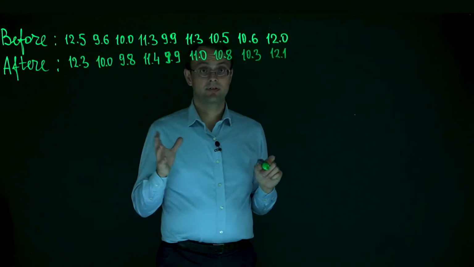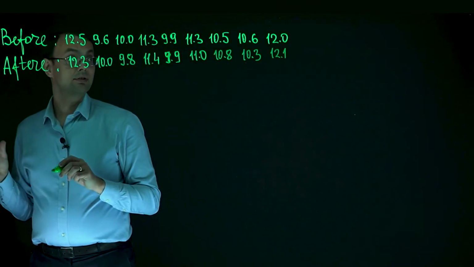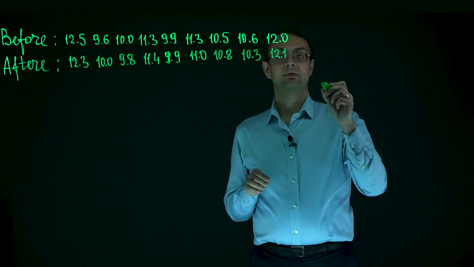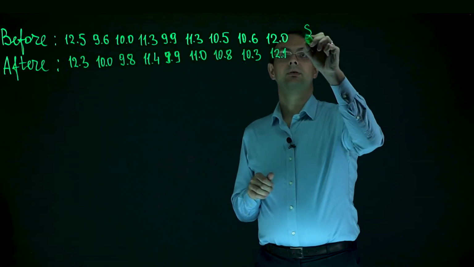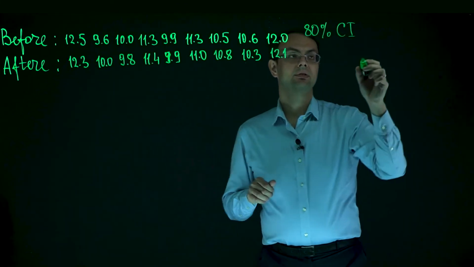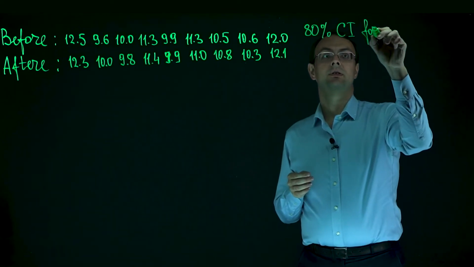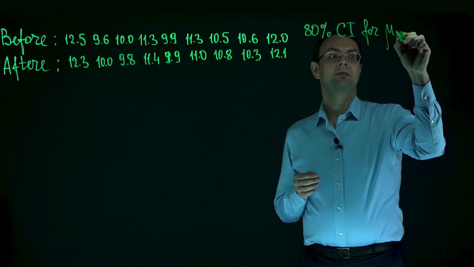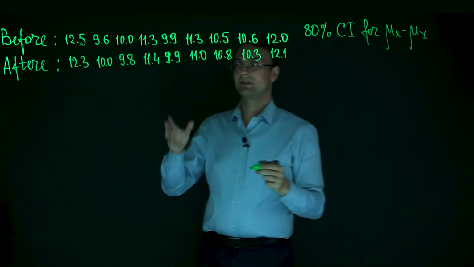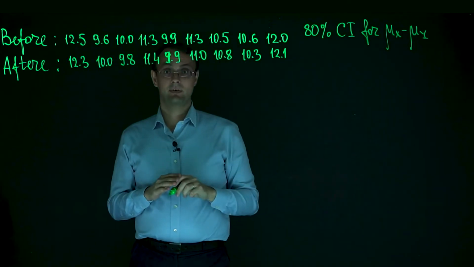So these are the results, and they ask us for the 80% confidence interval for the difference in means before and after, μx minus μy, where μx is the mean value before and μy is the mean value after.